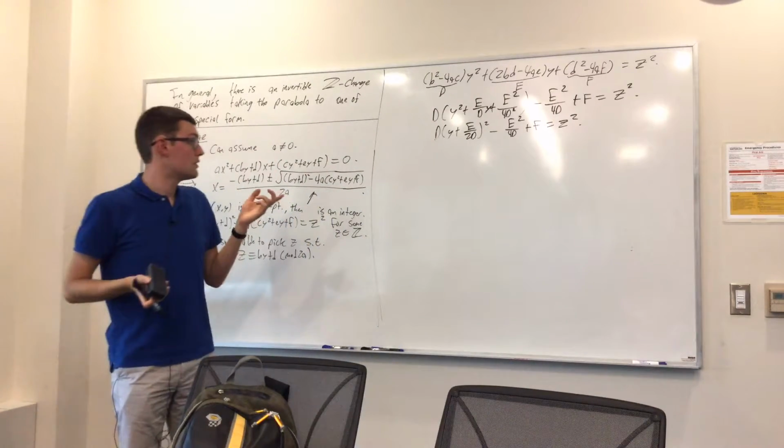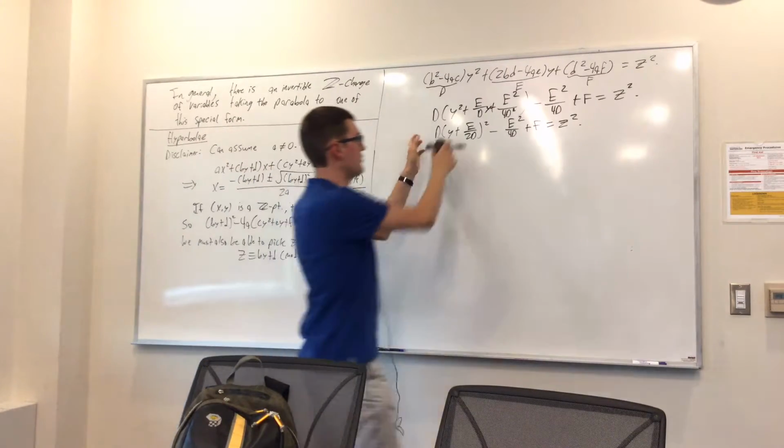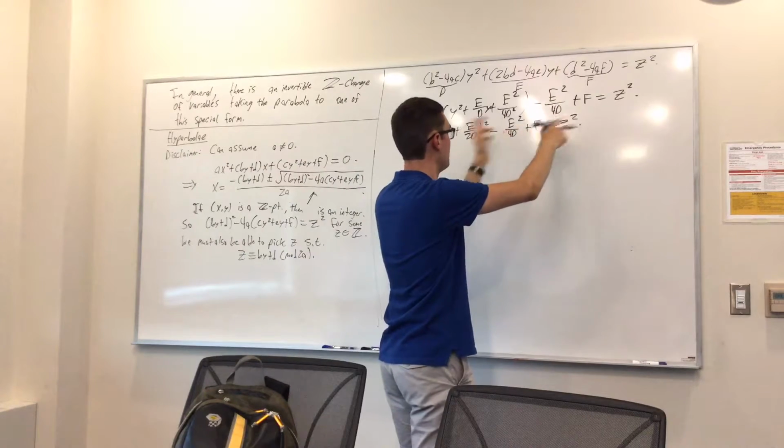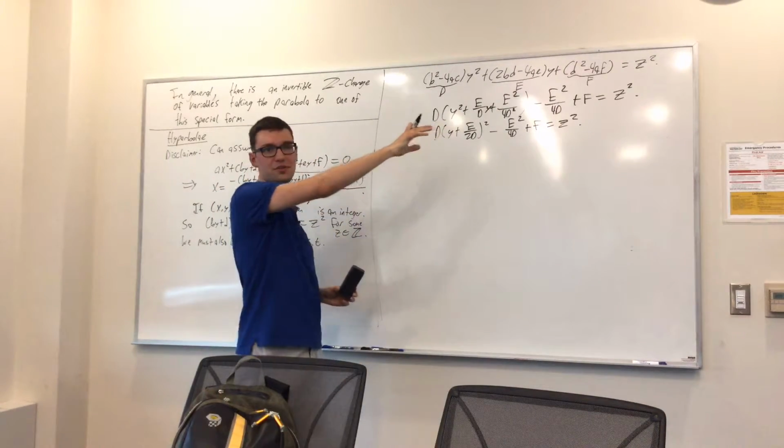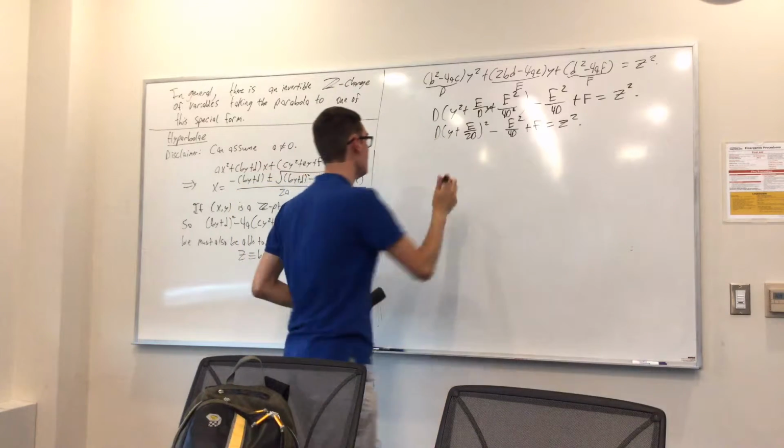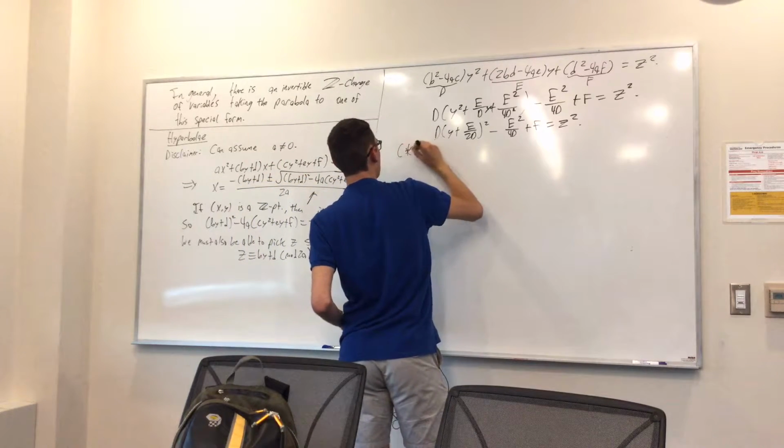All right. So I'm going to move this over to that side and switch the sides. And I'm going to multiply through by 4d squared.